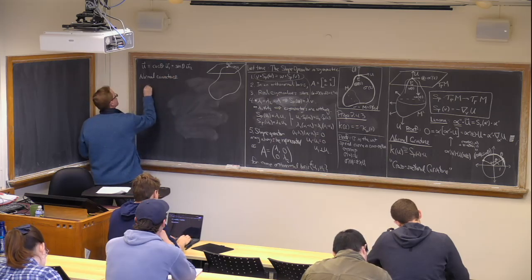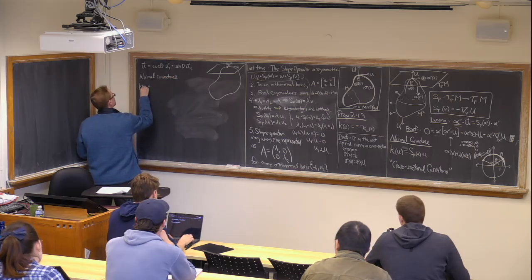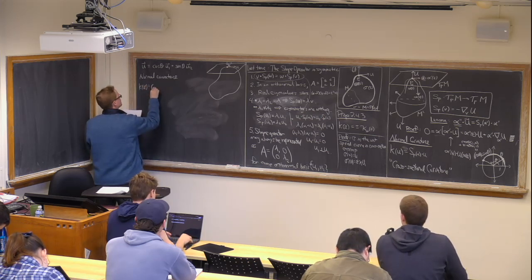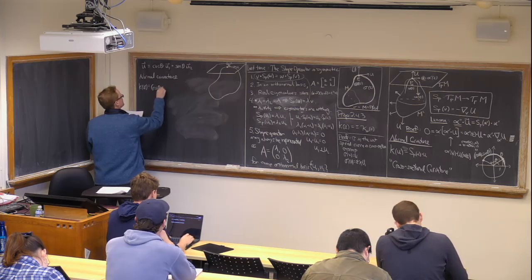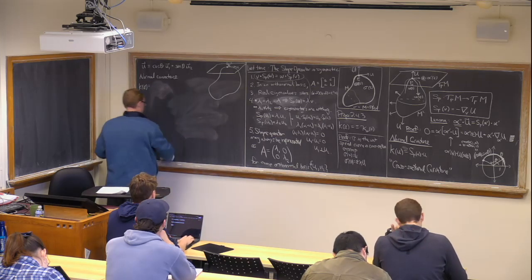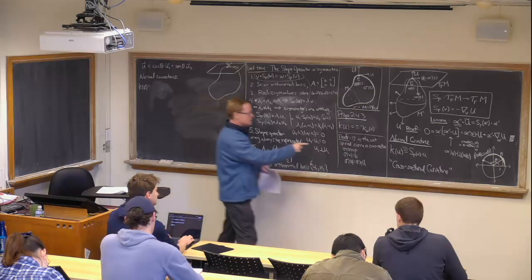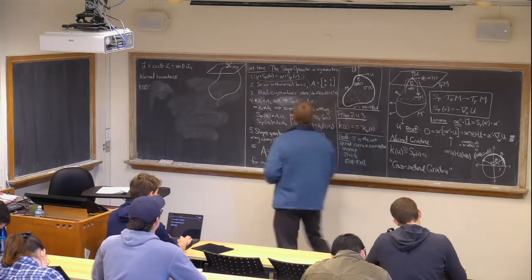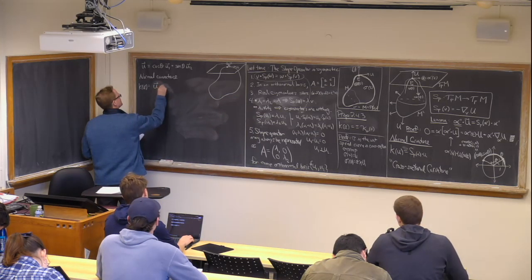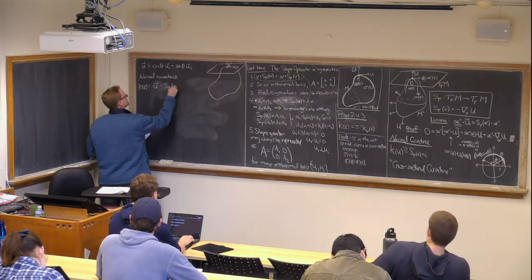Normal curvature then, we have k of u, plug in this u. Well, by definition, it's cosine theta u. Well, I feel like I'm skipping the definition. Let's put the definition in. So normal curvature, it's right here, right? It's u dot product the shape operator of u.